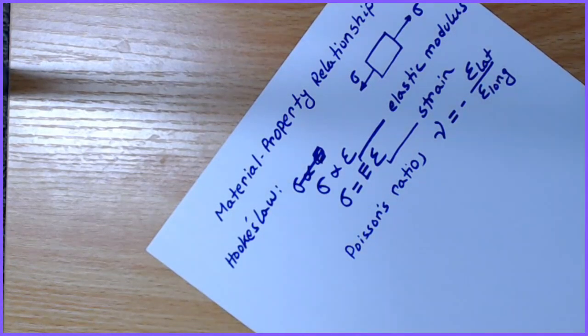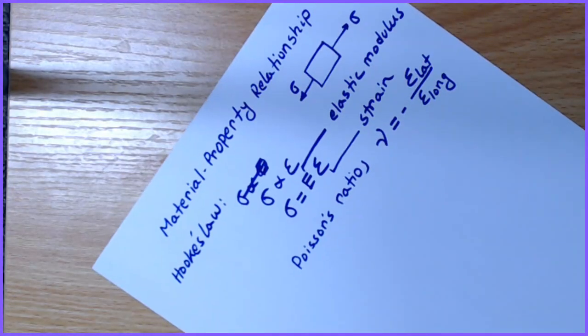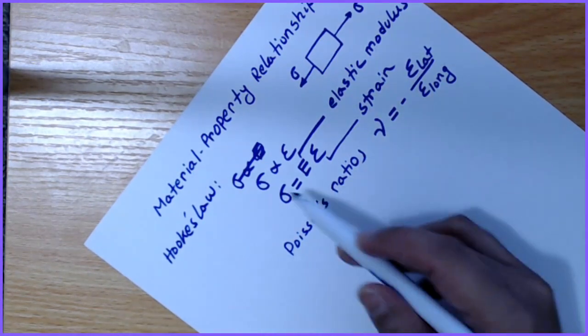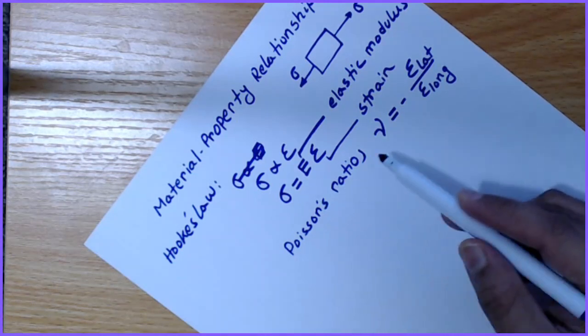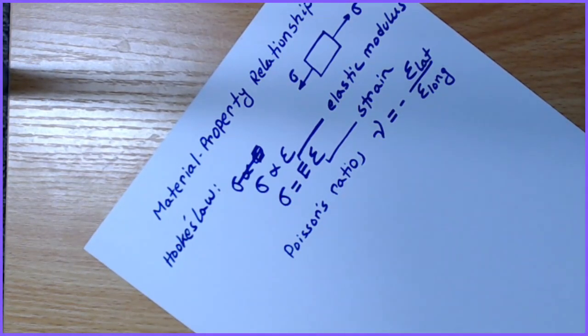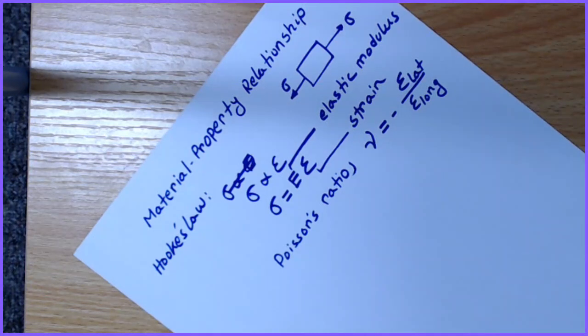Poisson's ratio is the ratio of lateral strain and longitudinal strain. Now, this equation can be used for a one-dimensional object.